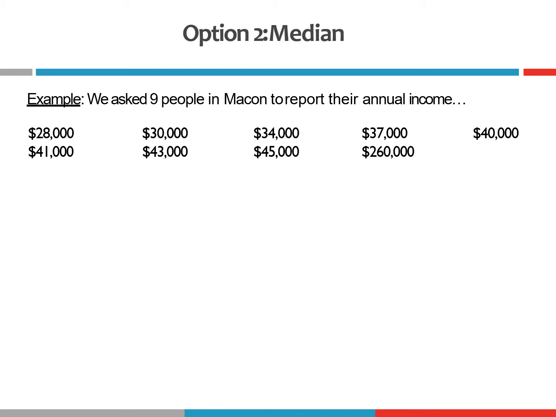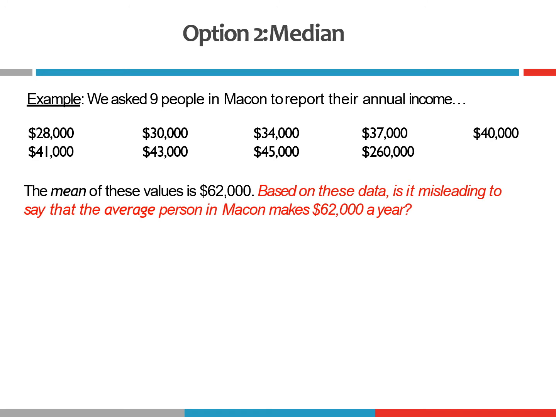So we have 9 data points here, and they range from 28,000 all the way up to 260,000. If we were to report the mean of these values, using the same formula that we just went over, the mean of these values is $62,000.